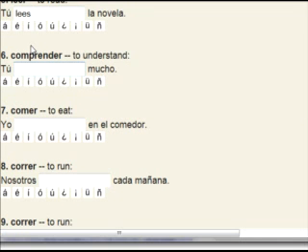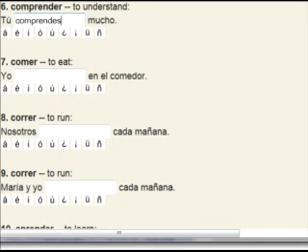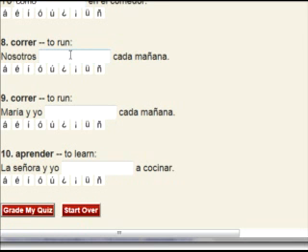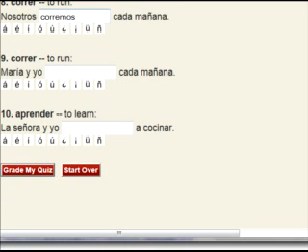Tú comprendes mucho. Yo como en el comedor. Nosotros corremos cada mañana. María y yo. Remember, another person in you gets the nosotros form. That is exactly right.